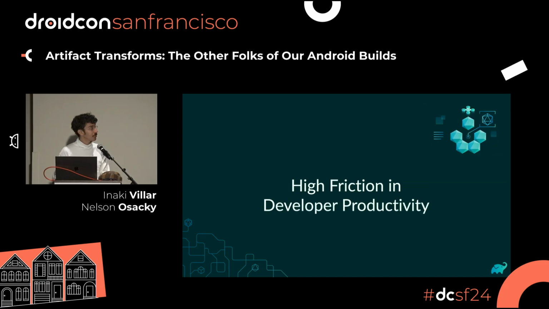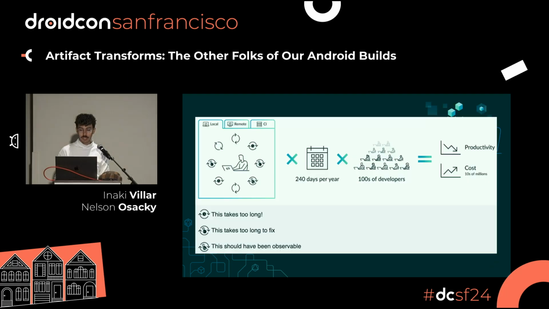So yeah, now a little spiel about developer productivity. As an Android developer, you probably spend a lot of time building, waiting for the IDE sync, all those sorts of things. So you probably experience long development cycles, and as your productivity goes down, the cost to the company goes up. If you have hundreds of developers across the company, it's very expensive.